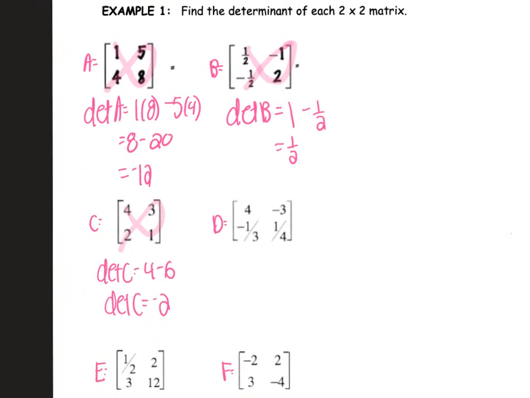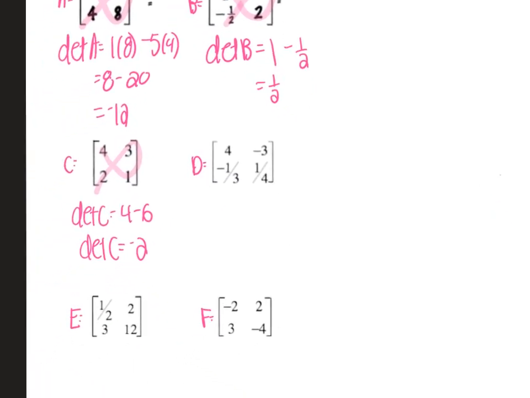All right, I want you on your own to find the determinant for the last three. So find the determinant for matrix D, E, and F. All right, so hopefully, when you find the determinant of D, 4 times 1/4 is 1, negative 3 times negative 1/3 is 1, so this becomes 1 minus 1, so my determinant is 0.